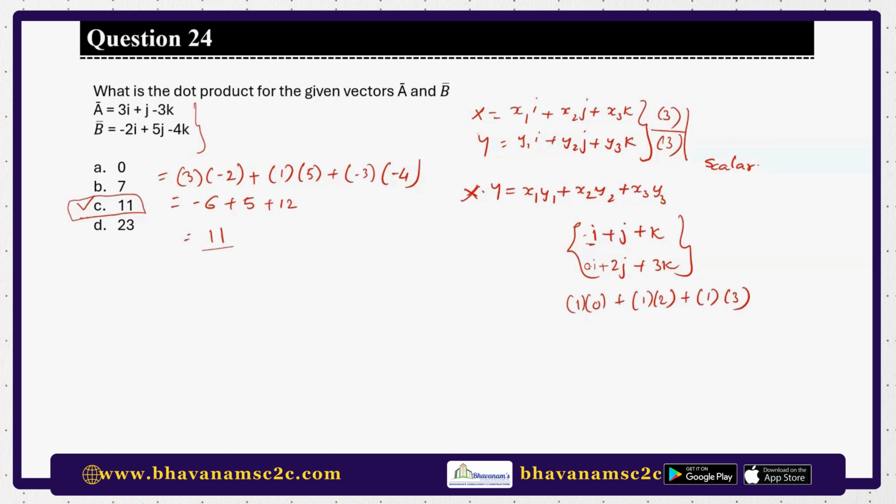Don't panic or get confused when they don't give a coefficient or if they miss a component within the vector. This is how you do it, and you sum it up to get the dot product. For this one, it will be 0 plus 2 plus 3, which is equal to 5. I hope this is clear for you, and let's move to the next question.